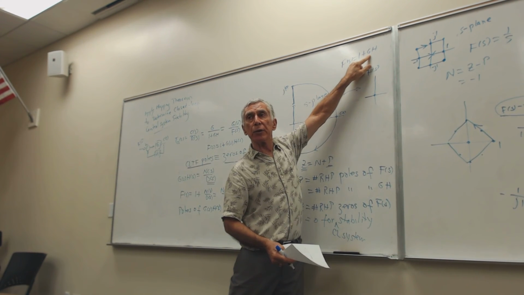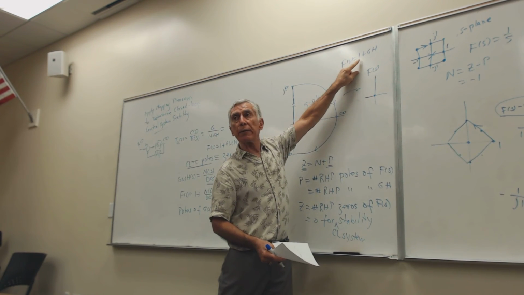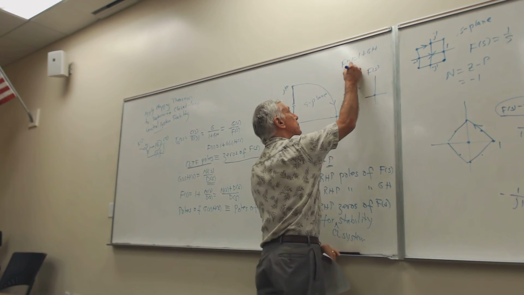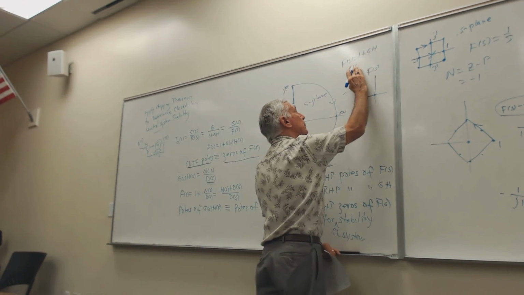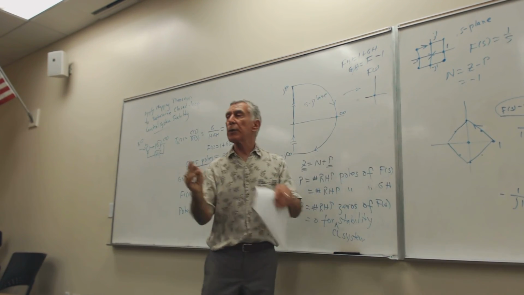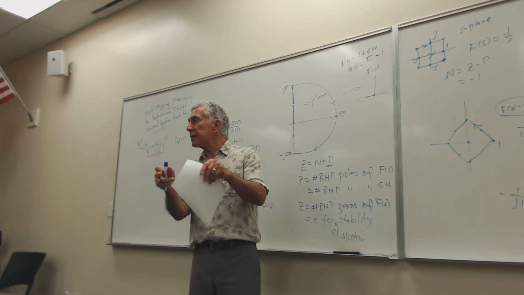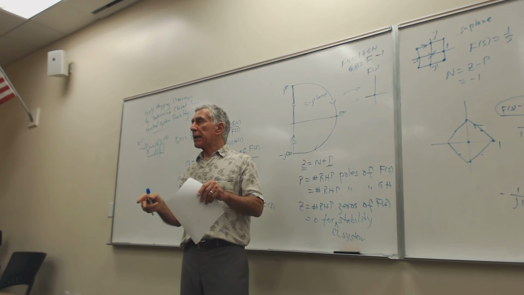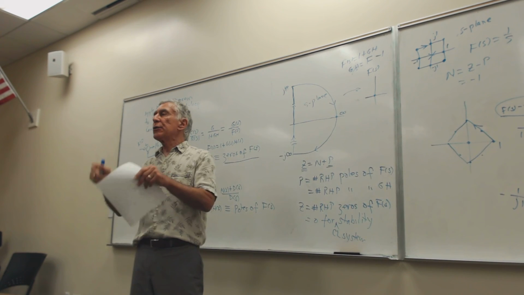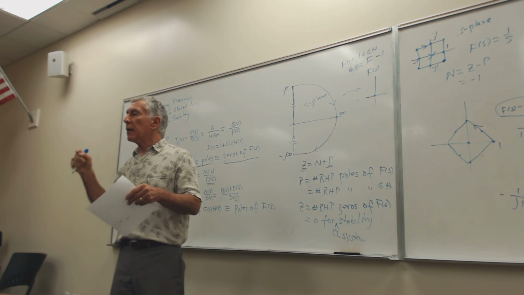Instead of counting encirclements about the origin of F of s, we can count the number of encirclements about the point -1, because GH is equal to F minus 1. So basically, it shifts the plot to the left by 1. So instead of counting encirclements about the origin of F, you can equivalently count the number of encirclements about the point -1 of GH.